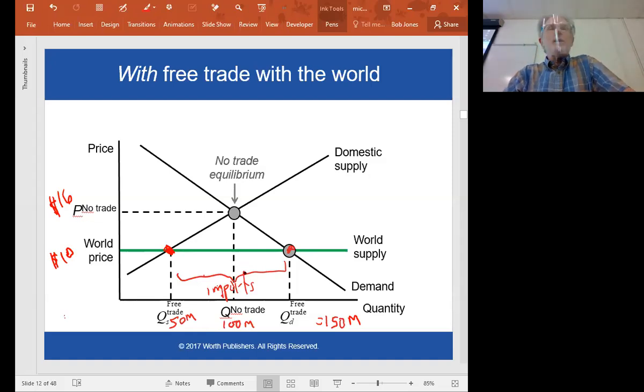And every country is going to have a comparative advantage in some things and not in other things. So it's not bad to import. When we import, there's a benefit in that we are buying from producers in the rest of the world at a cost that's lower than if we produced it ourselves.